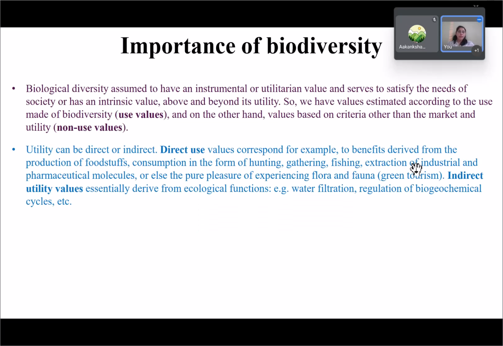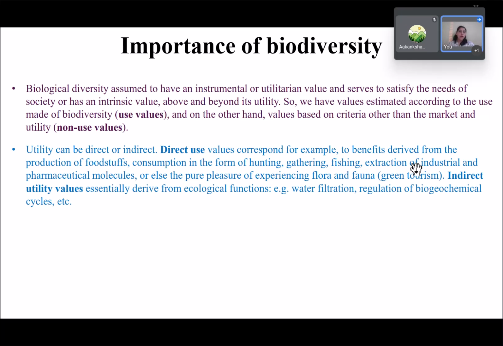So, when you have values for biodiversity, there are categories of these values. You have use values and you have non-use values. These two are the broad classification. In use values, you either use it directly or indirectly. So let me give you a better idea.